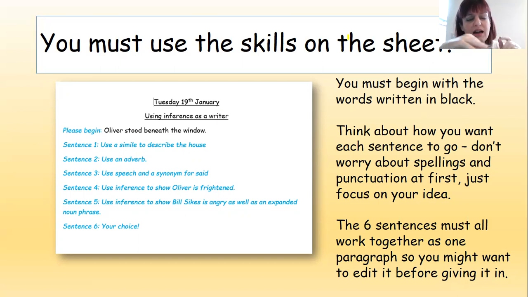Saying, oh, actually I spelled that wrong, so I'll go back and tweak it, is a really good thing to get used to doing, because when we are writers, we are always editing. If you find this difficult, just try your very best, and everybody's writing will be different.